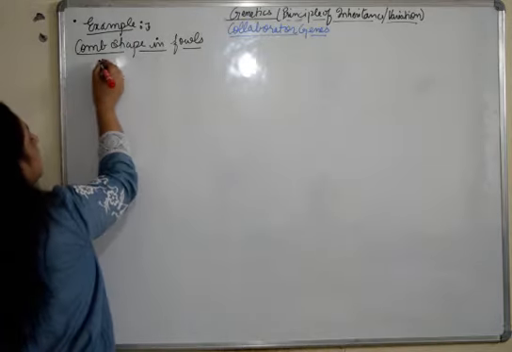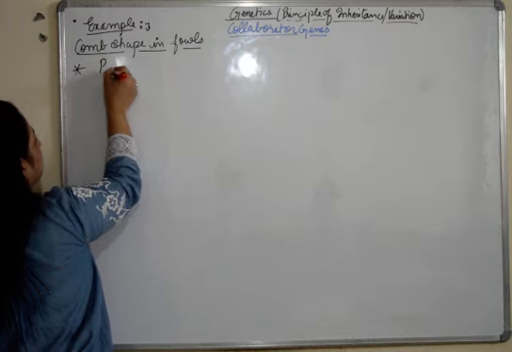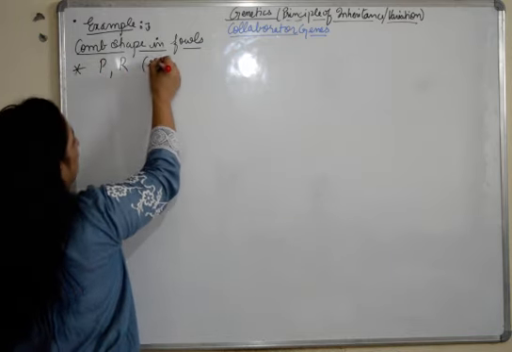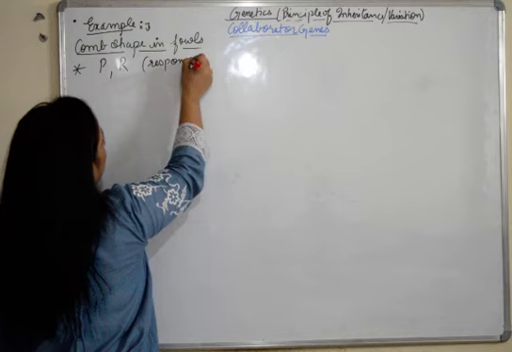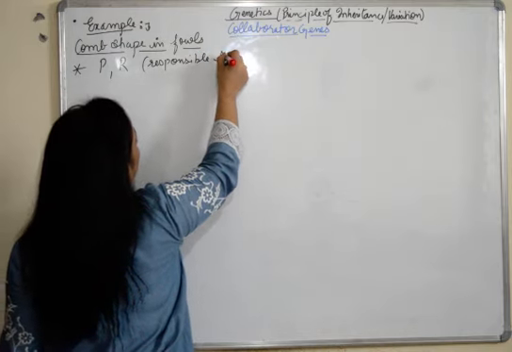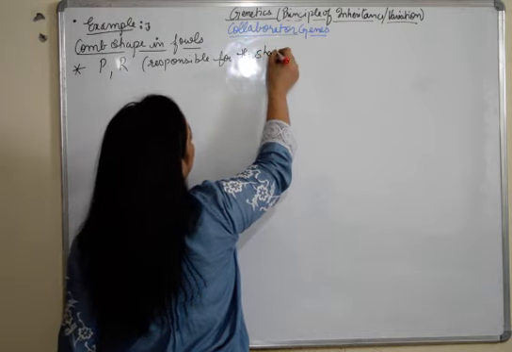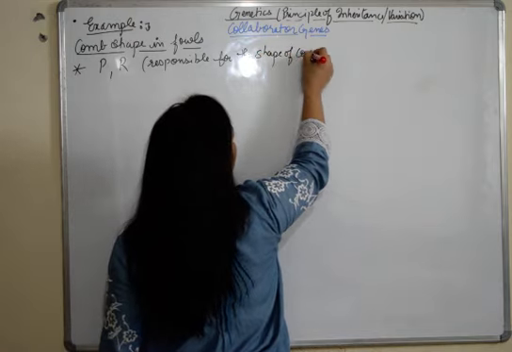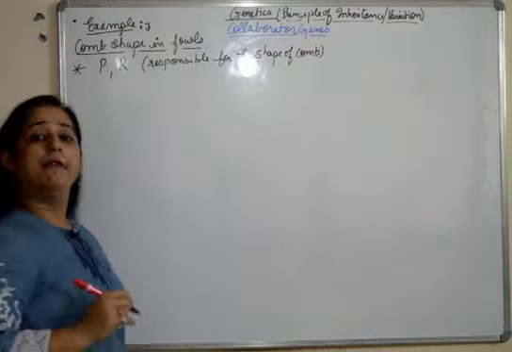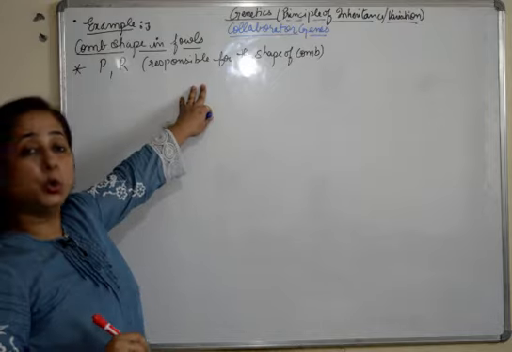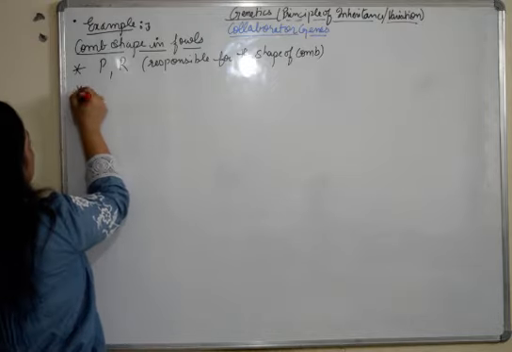Now herein, suppose there are two genes P and R which are responsible for the shape of comb in case of fowls. So P and R are two genes which are present here.